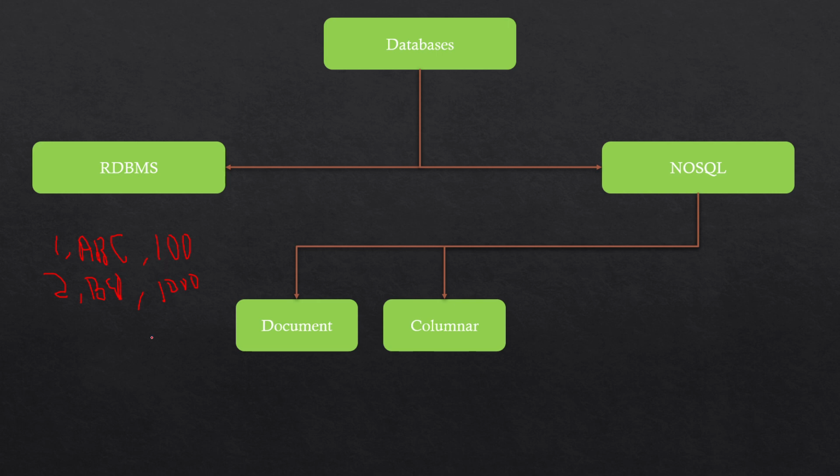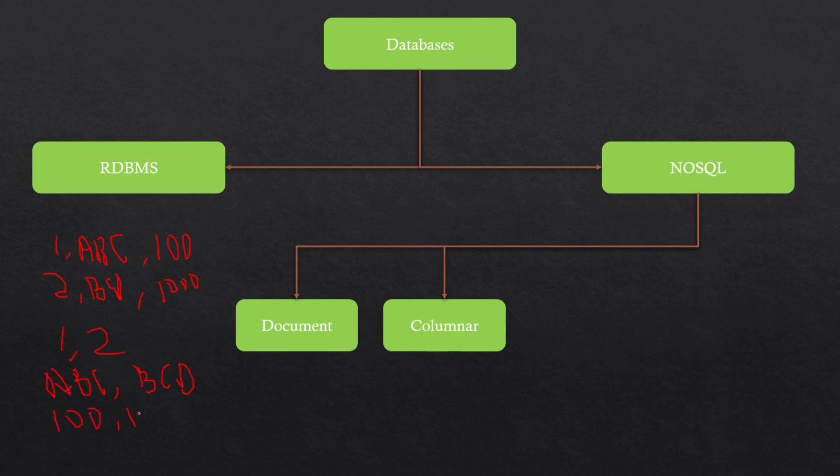Now if you have to store the same data in columns, what you do is you store 1 and 2 first, then you store the employee name column, which is ABC, and BCD, and finally you will store the salary, which is 100 and then 1000.